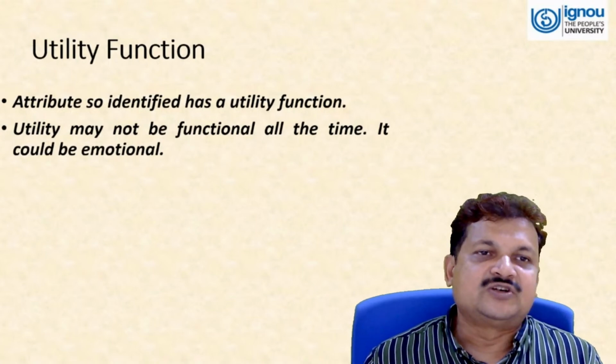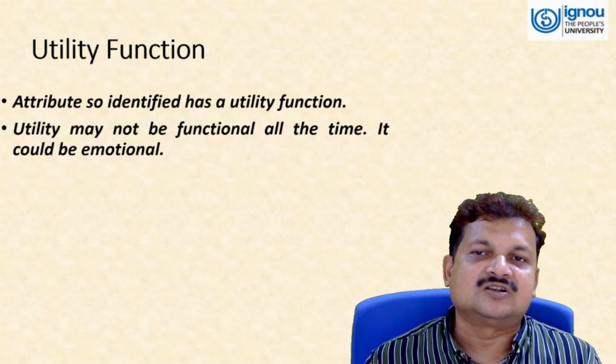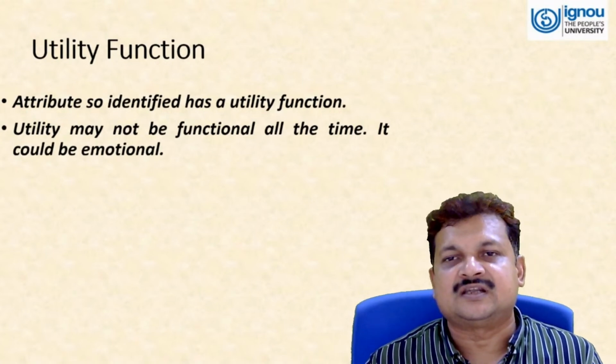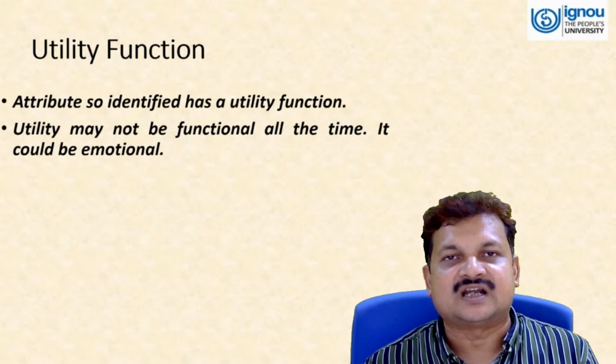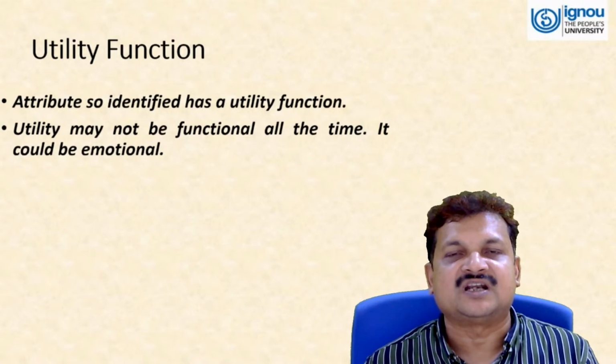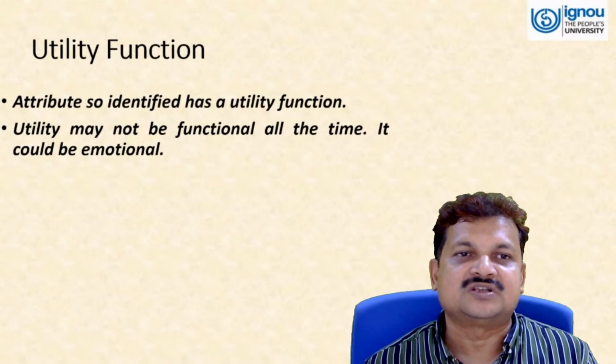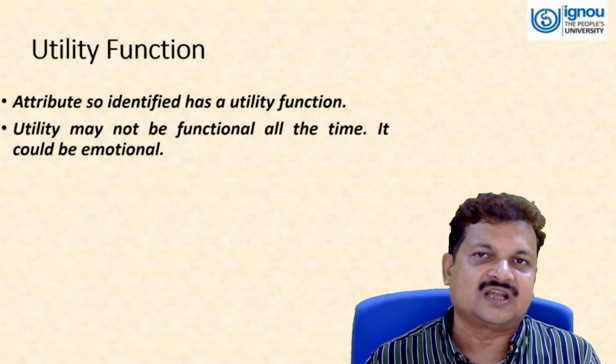Second, utility may not be functional all the time, it could be emotional. Sometimes you are very happy that my TV can perform this, my TV can do this, my TV is a high-end TV with Wi-Fi connectivity, Bluetooth also you can do. So these are the functions mostly we are talking about.